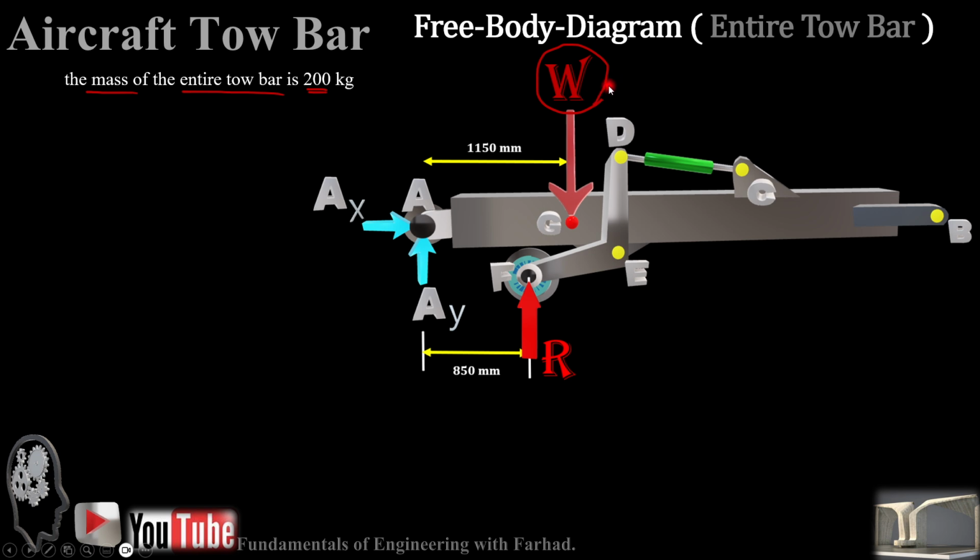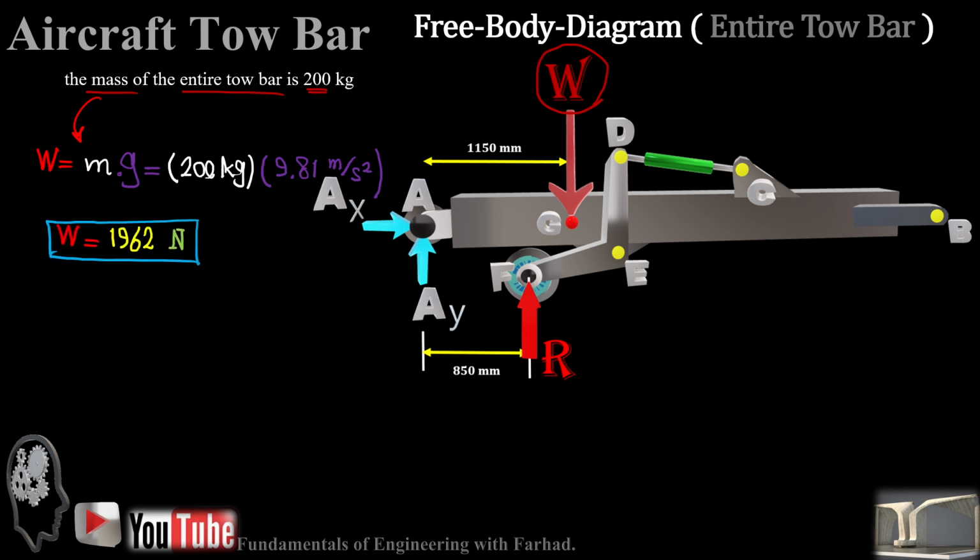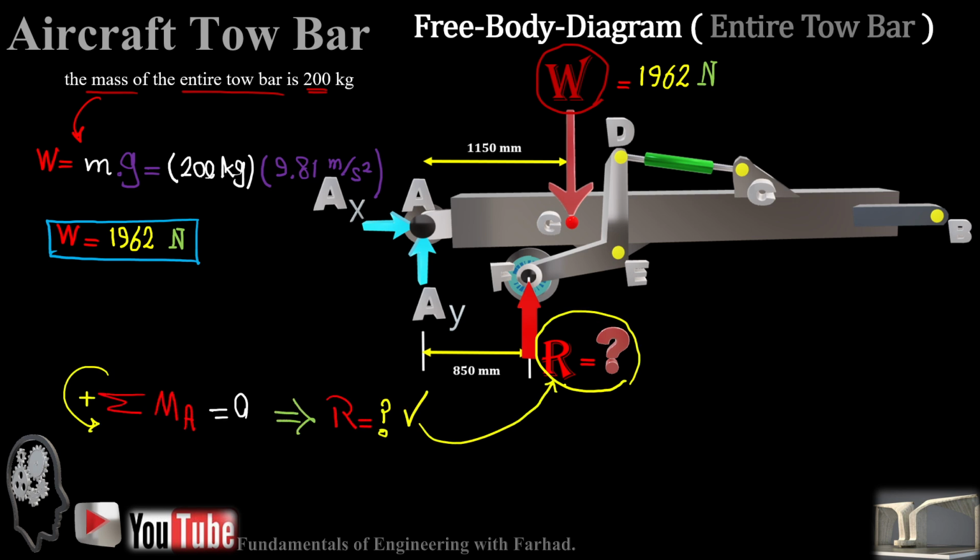Multiply that by G, which gives us the weight, so W is M times G, and the weight of the entire tow bar is 1962 newtons. As soon as we have W, the only unknown left is R, and summation of moment about A goes zero, which gives us what R is.